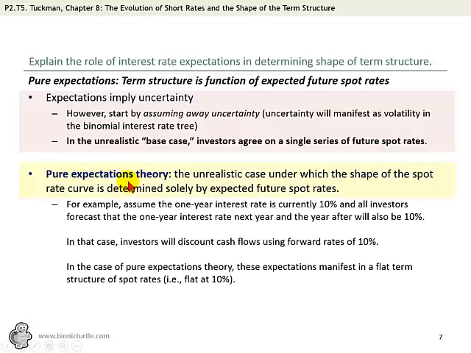Nevertheless, this pure expectations theory just assumes this unrealistic case under which the shape of the spot rate curve is determined solely by expected future spot rates. So that's the summary of the pure expectations theory, and that allows us to reconcile the term structure with expected future spot rates.